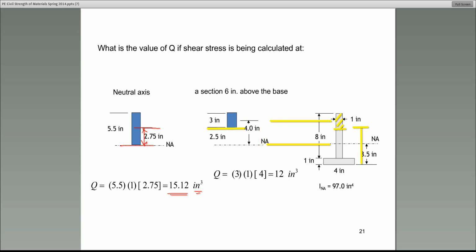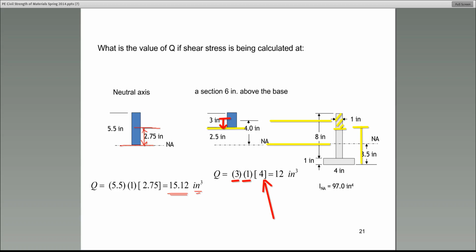One of the distractors, this is how they would calculate it. For Q, they would say 3 times 1, but then they would use the moment arm, not 4. 4 is correct, but what they would do is multiply by 1.5.